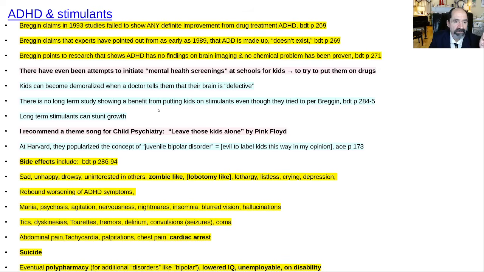There's no long-term study at all that I could find, or from all these books, that said these drugs are of benefit. They tried to prove there's a benefit. Believe me, the drug companies and the psychiatry departments have made incredible efforts to try to prove a benefit, but they can't, because the negative effects are probably much worse than what the studies controlled by them even reveal.